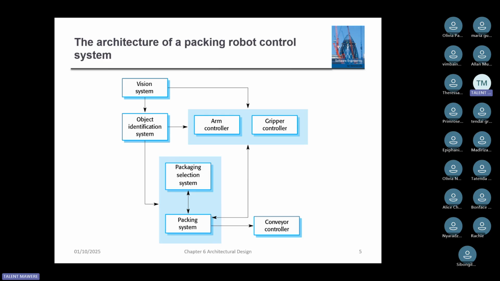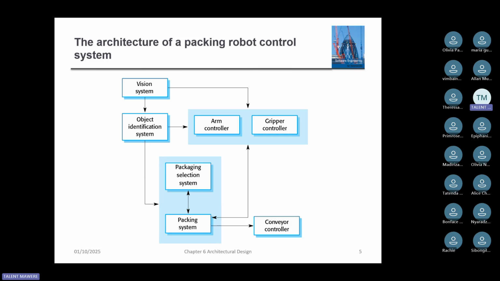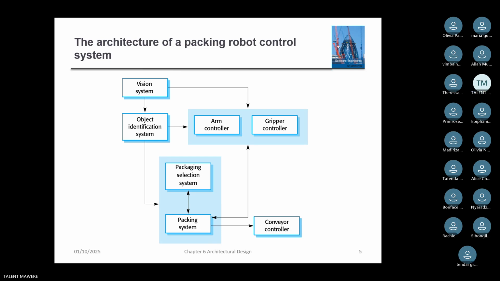Just to give you a heads up on what I'm talking about when I'm talking about architectural design, here is a diagram that shows a particular system. This system is a packing robot control system.